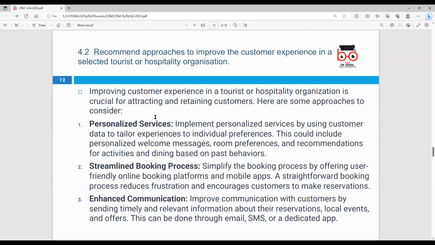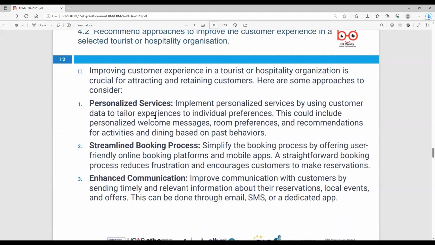We can do this by, say, personalized service, i.e., we want to listen to the person when they phone and try to remember maybe their first name, okay? And we can personalize the service, Mr. So-and-so and Miss So-and-so, or Ms., and we can break the initial barrier by talking to them by their personal name.